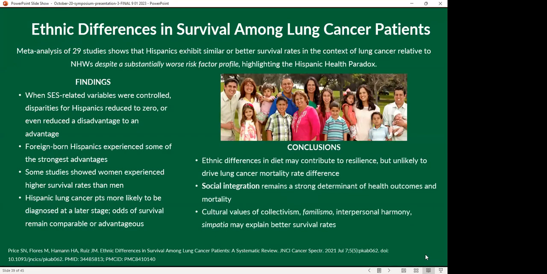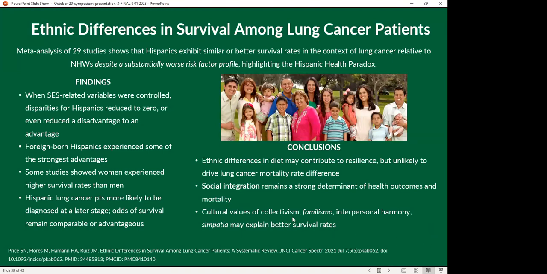And the conclusion in this study, and this is not the only study, was that differences in diet may contribute to resilience but are unlikely to drive lung cancer mortality rate differences, and that social integration remains a strong determinant of health outcomes and mortality.